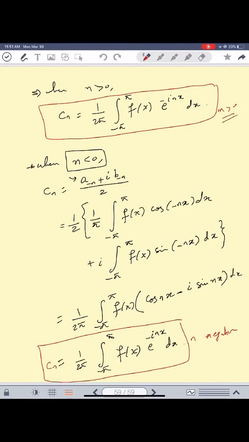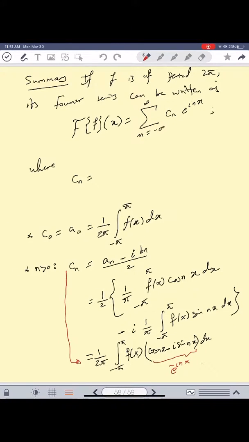When n is positive and you substitute, for example, n equals 2, the exponential becomes e to the negative 2. But here, if you substitute negative 2 as a negative number, the exponential becomes positive 2. So they are different, but nicely, they have the same form. This is very interesting. And this is, again, one advantage in using the exponential form. So when n is positive, it has this. When n is negative, it has this.